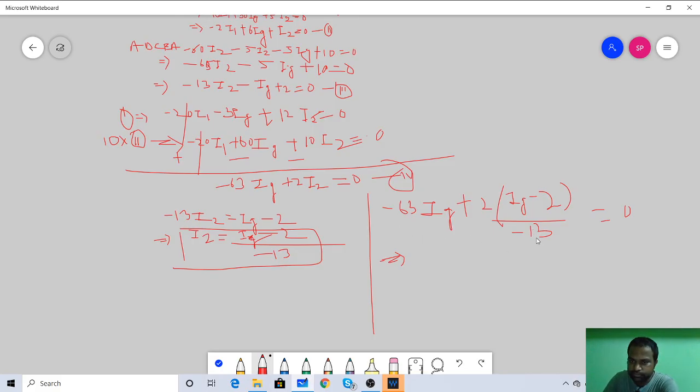Taking LCM of 13, it will become minus 13 into minus 63 Iz plus 2 Iz minus 4 equal to 0 by minus 13, so cross multiplying minus 13, it becomes 0.